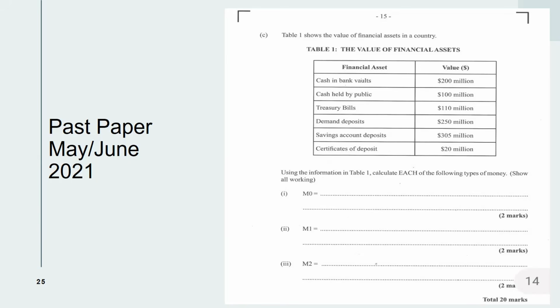M1 is everything that's in M0, but also your bank accounts, specifically the accounts where you can gain access to the money easily. M2 is everything in M0 and M1, and any deposit accounts that take a while for you to get access to. So M0 would be the money in the bank vaults and the cash held by the public.